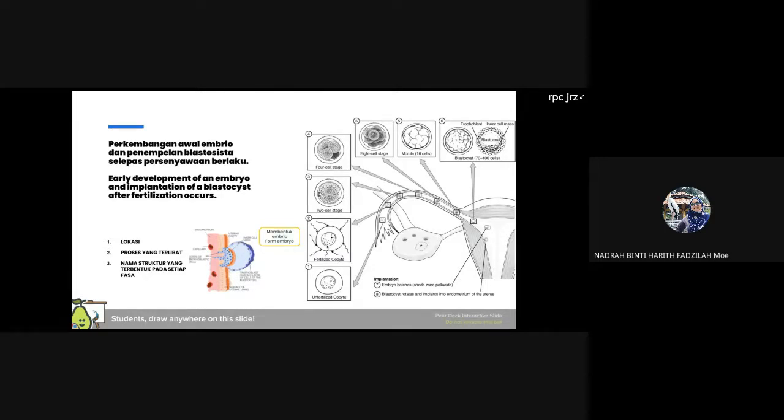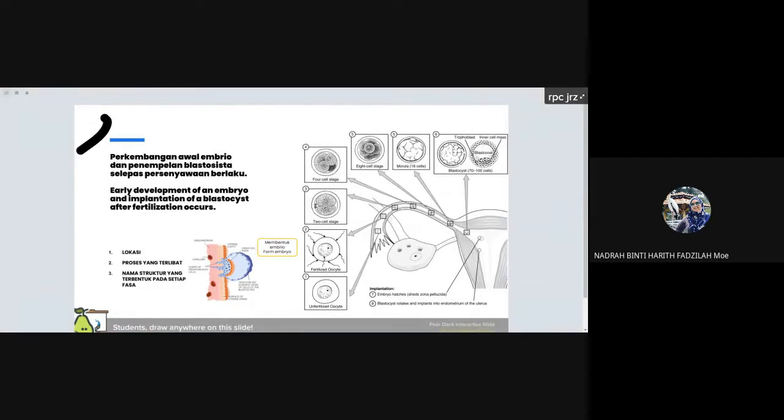Okay, sekejap ya. Alright. Okay, so bila kita tengok dekat sini, semasa oogenesis, dekat gambar yang ni, bila there is presence of sperm, the sperm start to penetrate the outer layer of the secondary oocyte.